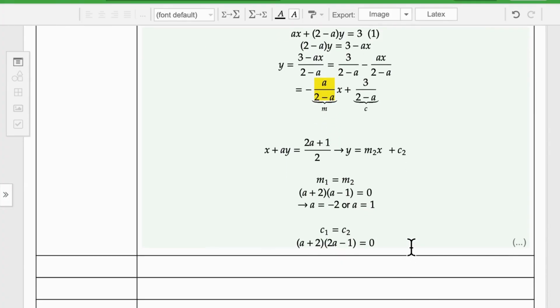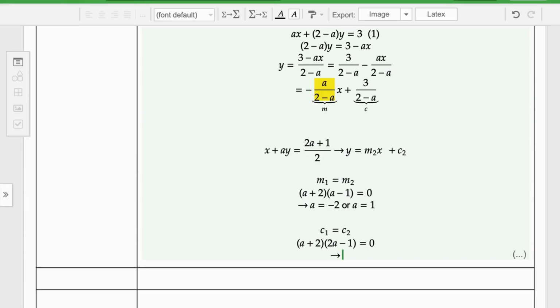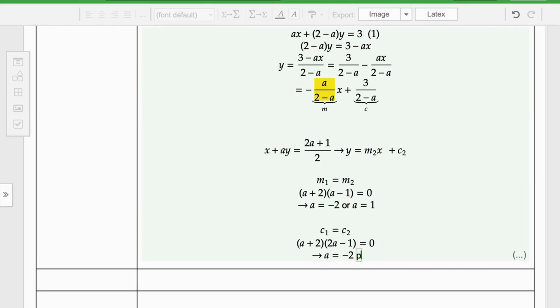Now, for the second quadratic, when you solve for c1 equal to c2, you can easily find that a is -2 or a will be 1 over 2.